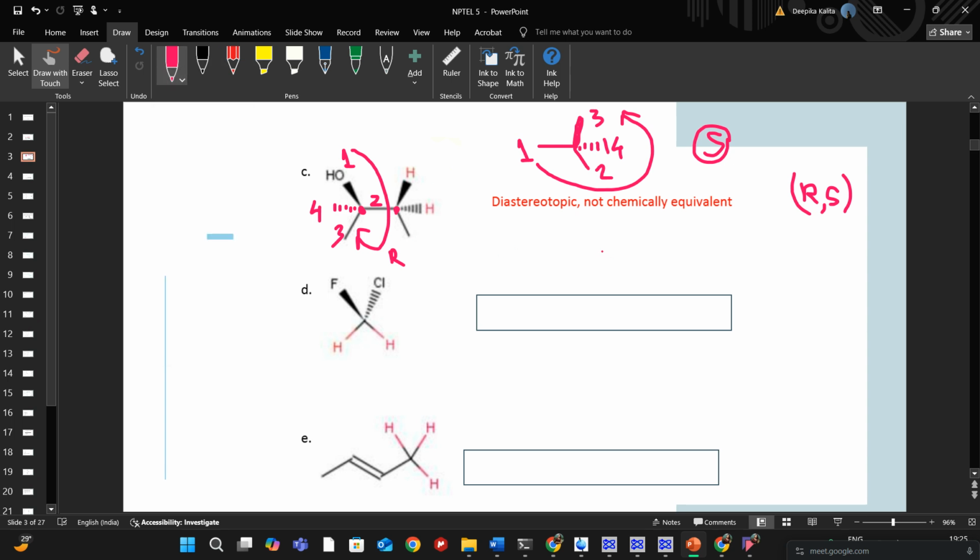So in that case, you will get first priority group here, second will be here, third will be here, and fourth group will be above the plane. Hence, since fourth group is above the plane, the absolute configuration will be reversed, and the overall configuration for the molecule this time will be R.